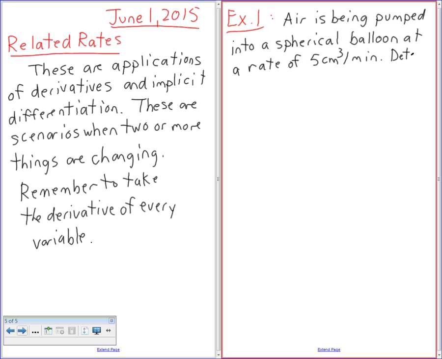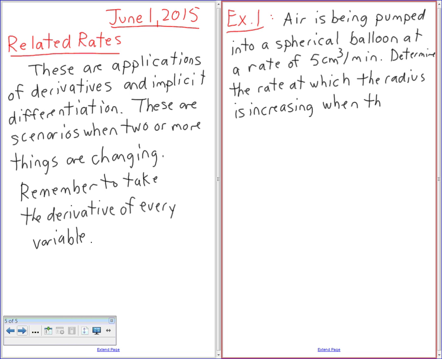Determine the rate at which the radius is increasing when the diameter is 20 centimeters.